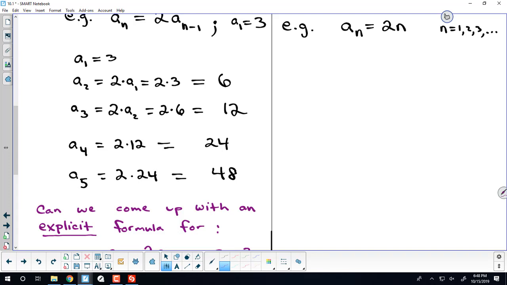The third term was 2 times 6, but that's 2 times 2 times 3. And the fourth term was 2 times 12, so that's 2 times 2 times 2 times 3. So the factors of 2 are 1 less than our index there, and we always just have that multiple of 3. So just recognizing the pattern. Right, exactly. It's just pattern recognition when you're converting from one to the other.